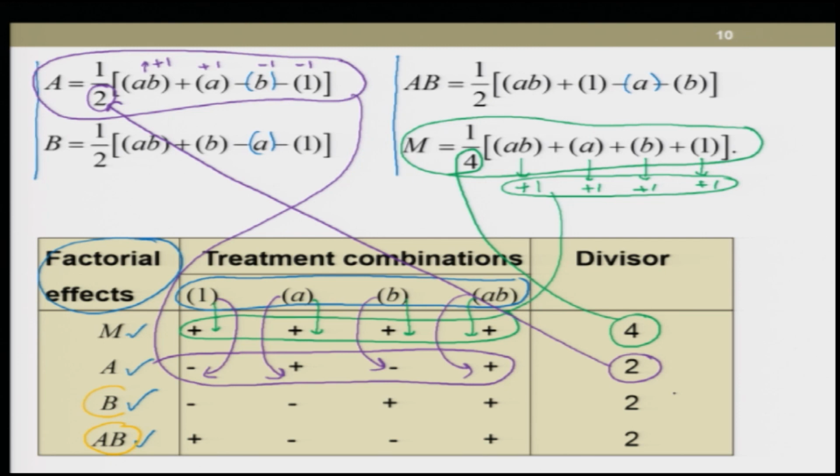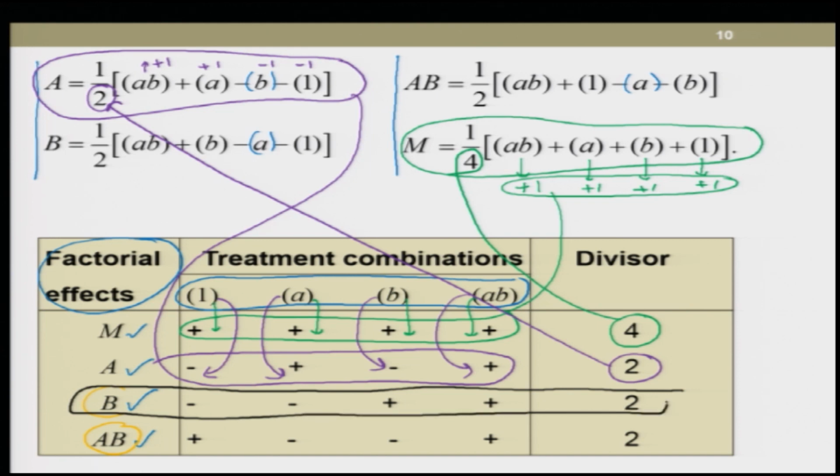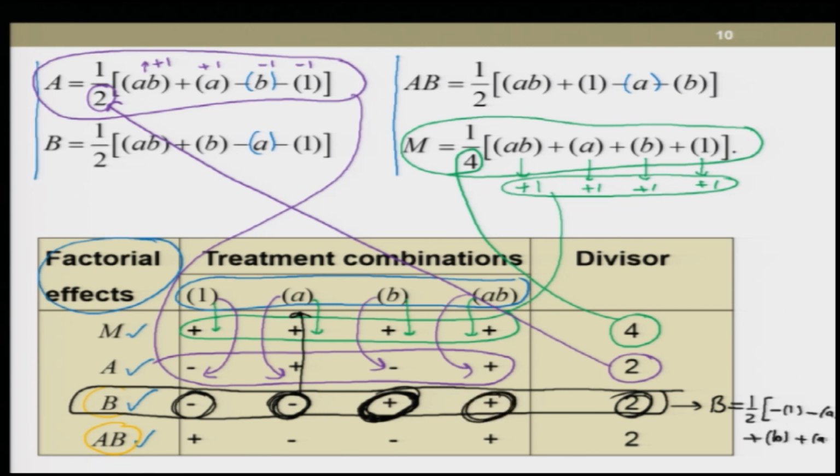For example, looking at this part, which is here in black, I can write down the main effect of B. The divisor here is 1 by 2, so I write down 1 by 2, and then this is minus 1, so minus 1, then minus A corresponding to this A, then plus B, and plus AB.